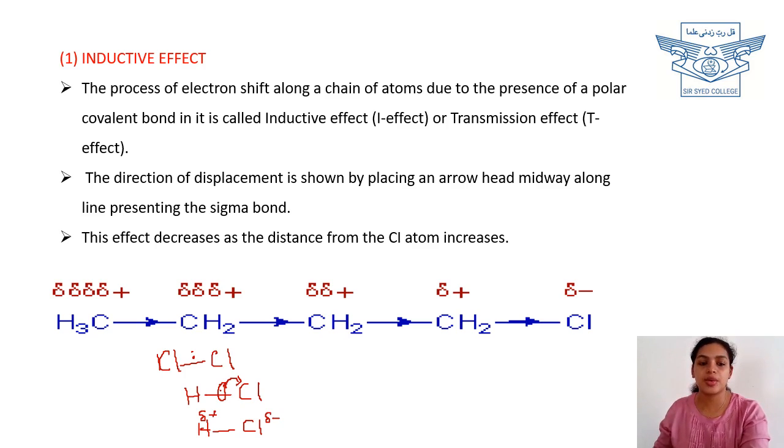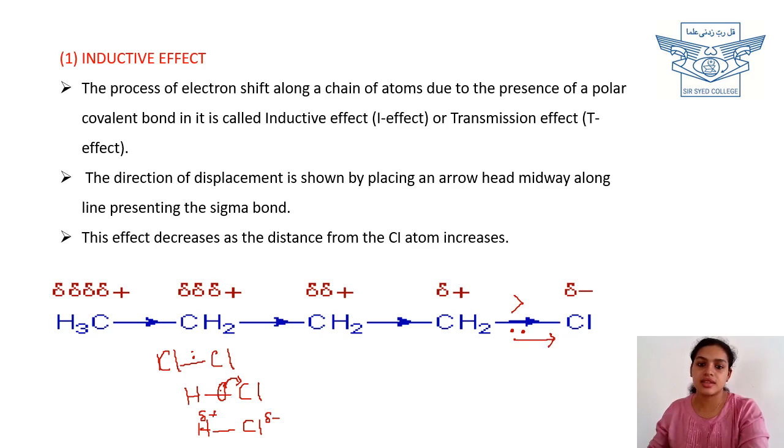That is, we are taking butane, CH3, CH2, CH2, CH3, and removing a hydrogen from butane and fixing a chlorine in its place. Then the same thing I explained in the case of HCl happens: this chlorine atom pulls the bonding electrons towards itself.